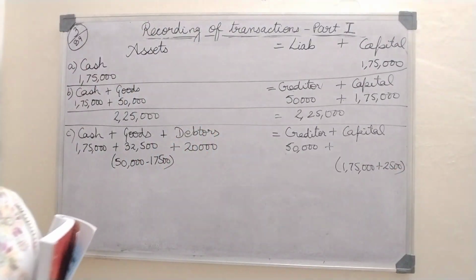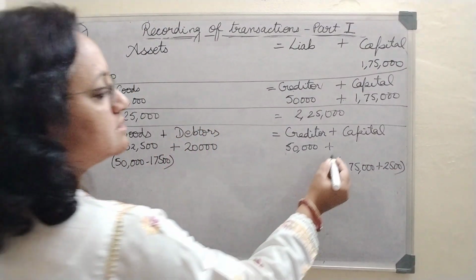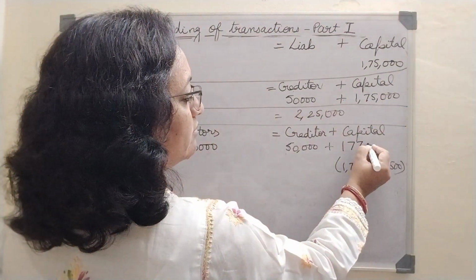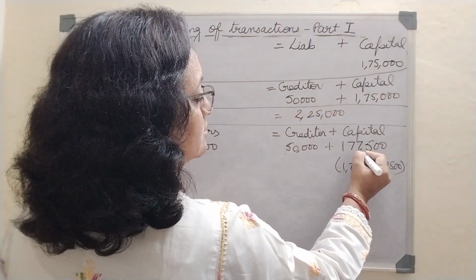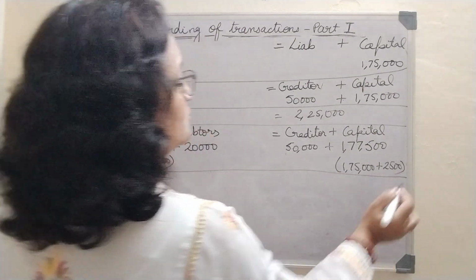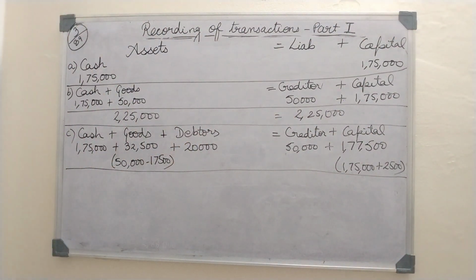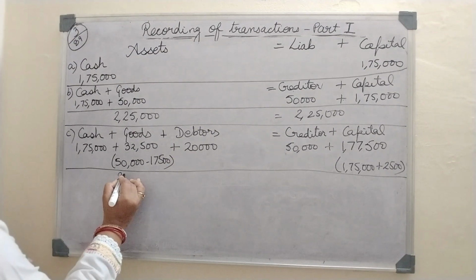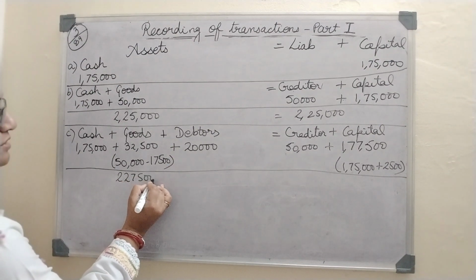So 1,75,000 plus 2,500 gives us 1,77,500. Please check the total of both the sides. It will come to 2,27,500.